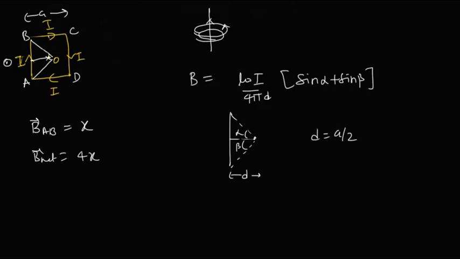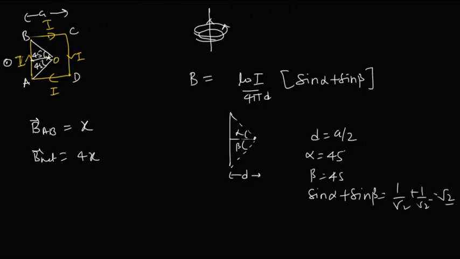And if you look close enough, this whole angle is 90 degrees, so each of the angles is 45 degrees and 45 degrees. Then alpha is equal to 45 degrees, beta is equal to 45 degrees. So sin alpha plus sin beta becomes 1 by root 2 plus 1 by root 2, that is root 2.